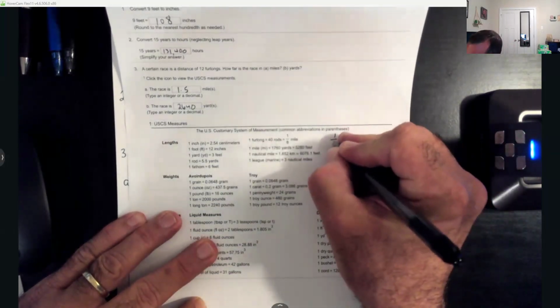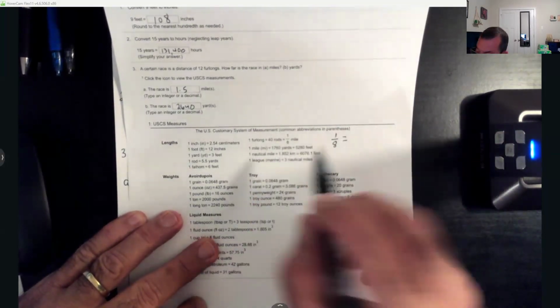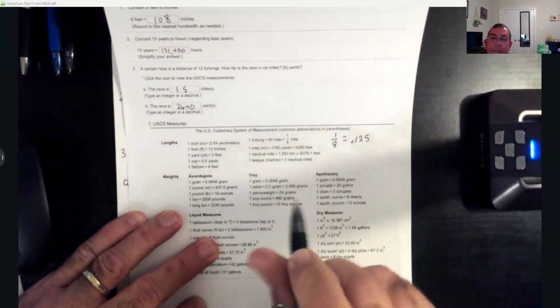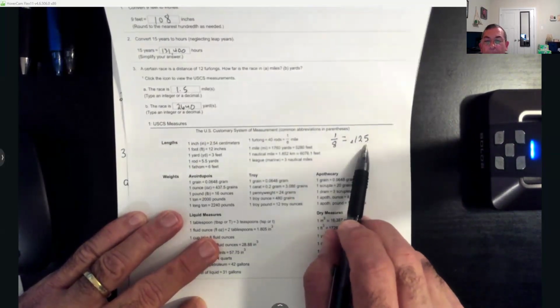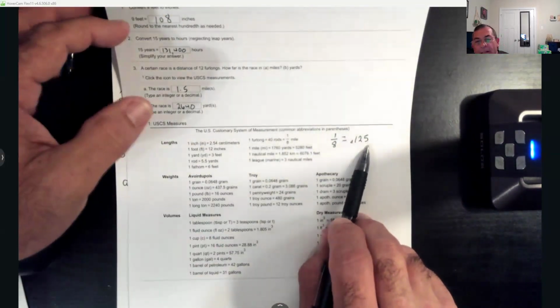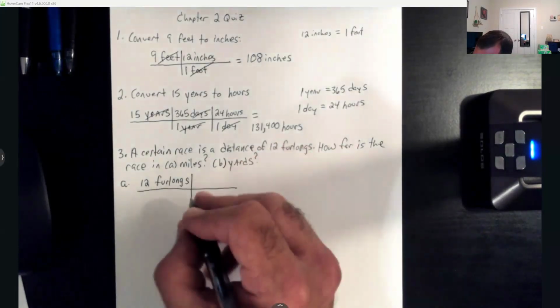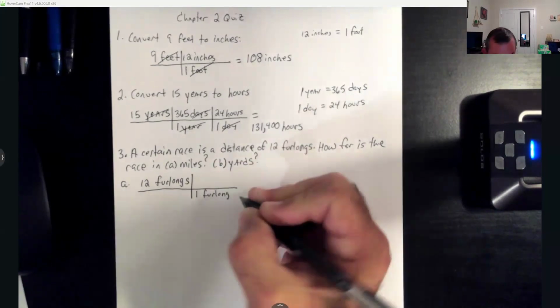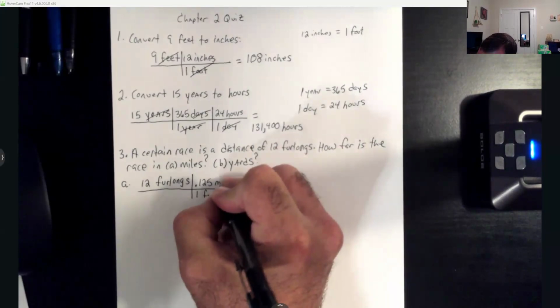Well, if you want to get that in decimal form, 1 divided by 8 gives me 0.125. So 1 furlong is 0.125 of a mile. So y'all, that's the conversion I'm going to use on this. Okay. So I'm going to come in here for every 1 furlong, that is equal to 0.125 miles.